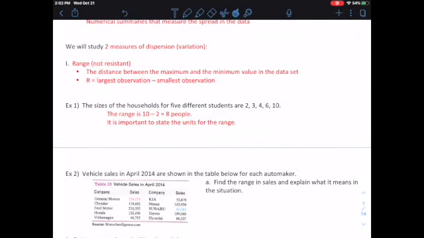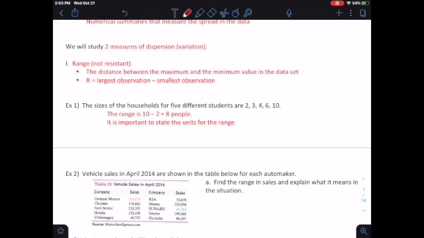Vehicle sales in April 2014 are shown in the table below for each automaker. A. Find the range in sales and explain what it means in the situation. So if you look at the numbers, you should be able to find the largest, General Motors, and that's 254,076 cars.